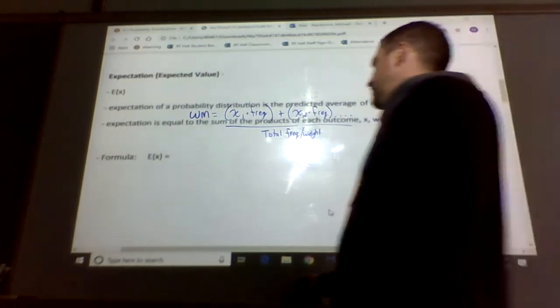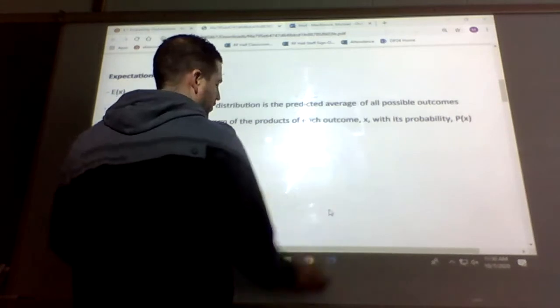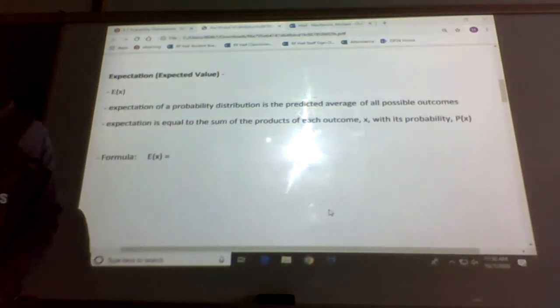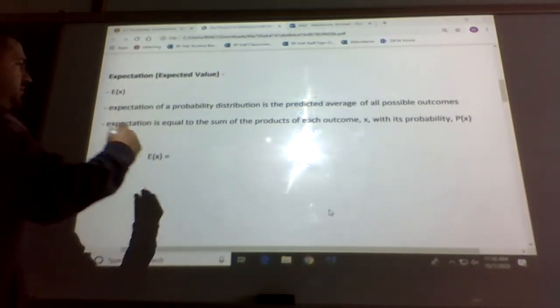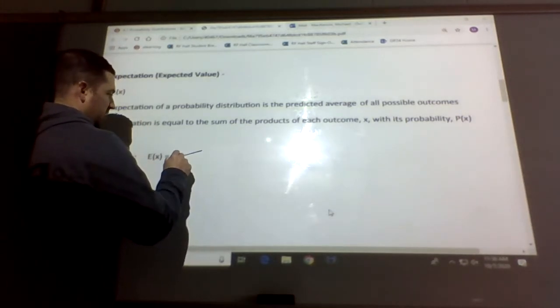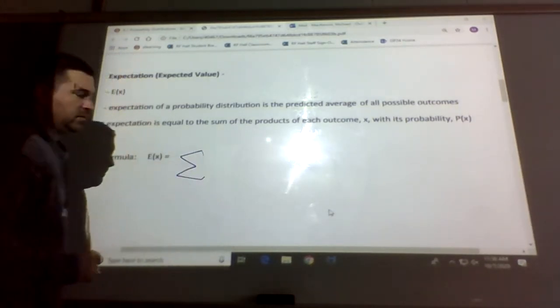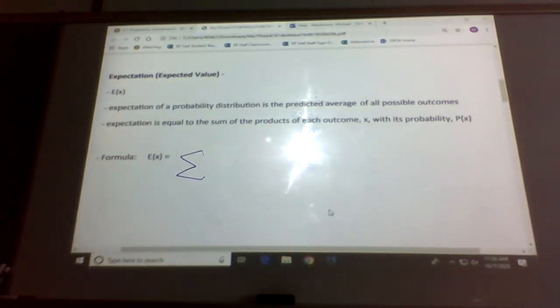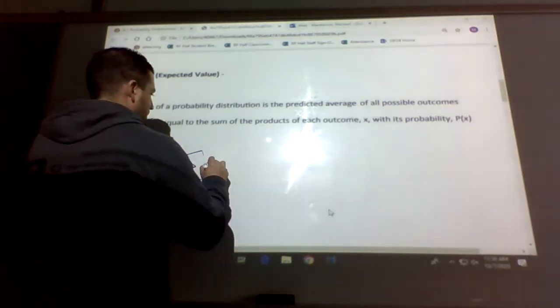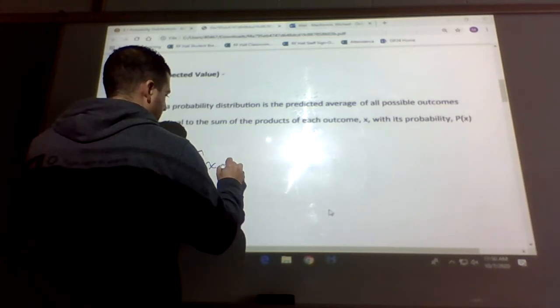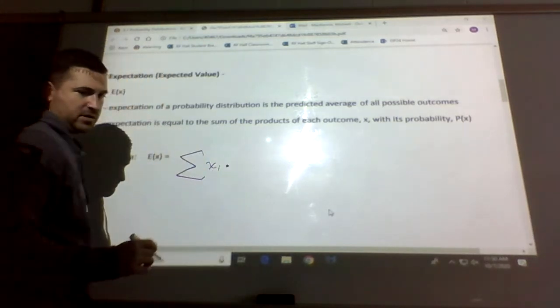This is going to look really weird, the formula for expectation. So this is how it works. It's going to look like kind of an E. This symbol, I'm going to get to it in a second. Then we have xi times the probability.